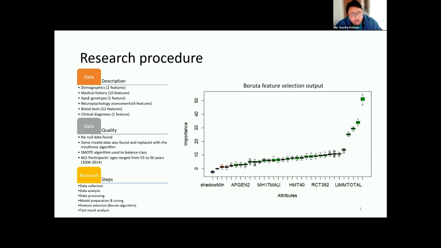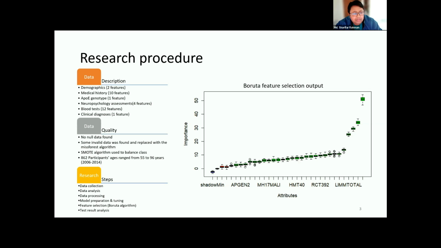The data we got was taken from 862 participants, and their age was from 55 to 96, and the data was collected from 2006 to 2014. So it's relatively new data, we can say.